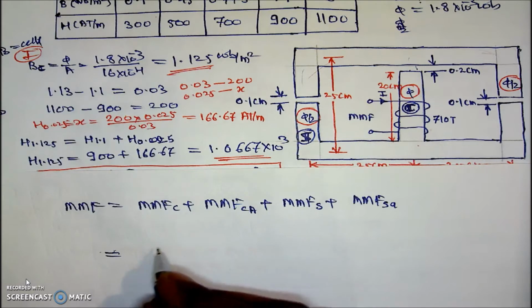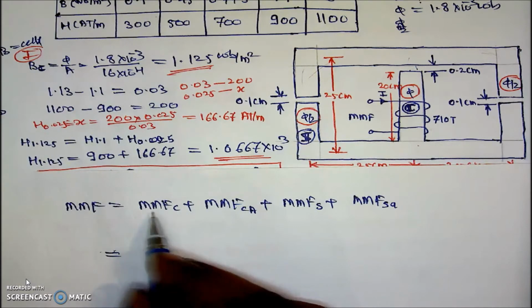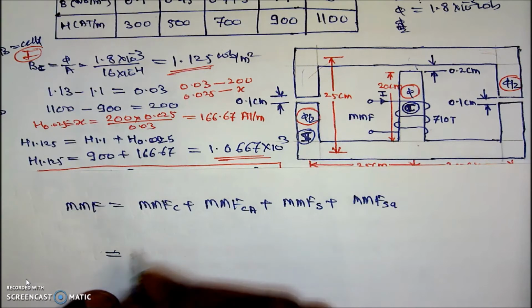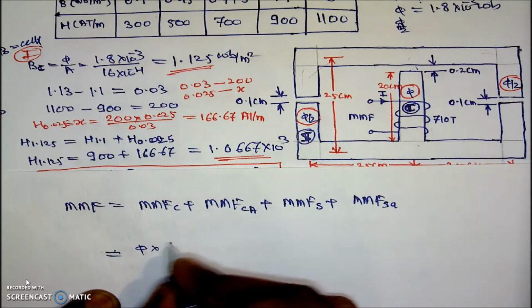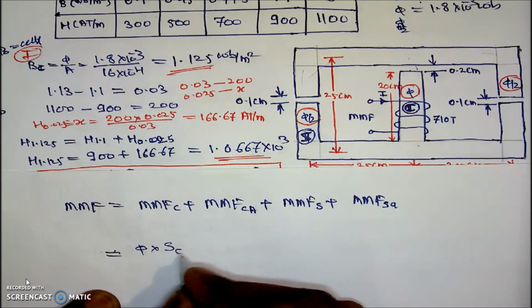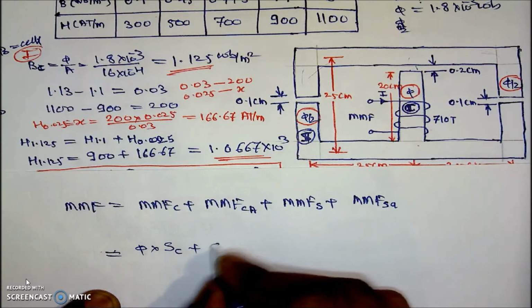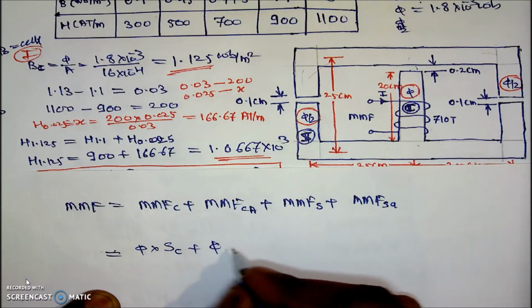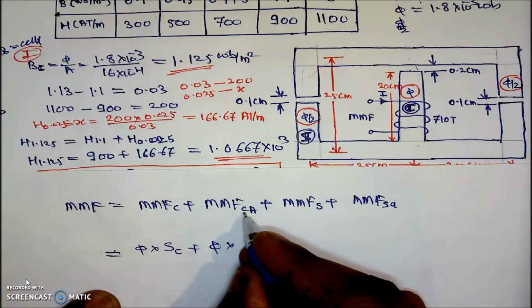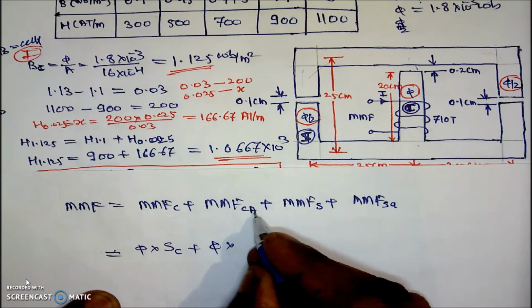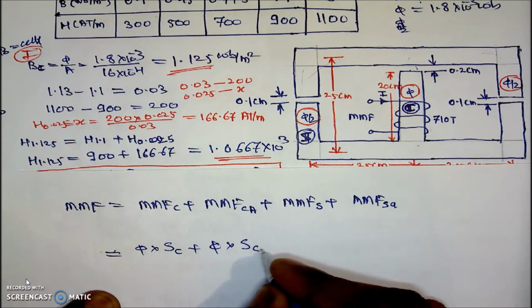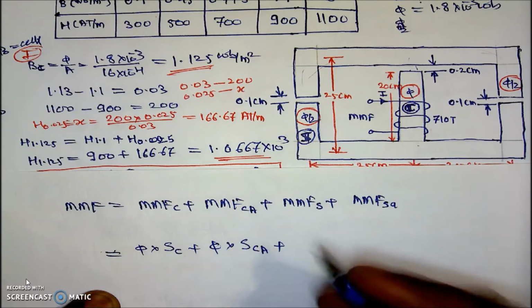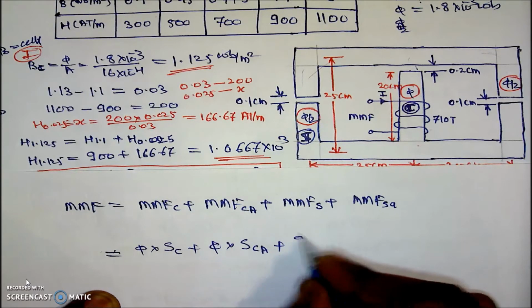The calculation of the MMF for the central limb will be phi available centrally, that is the total flux, into S, that is the reluctance of the central limb, plus the flux in the central limb into the reluctance of the central air gap, plus the flux in the side limb.